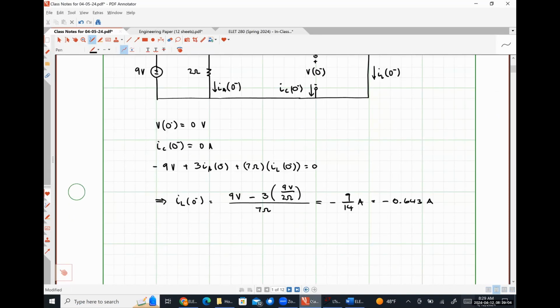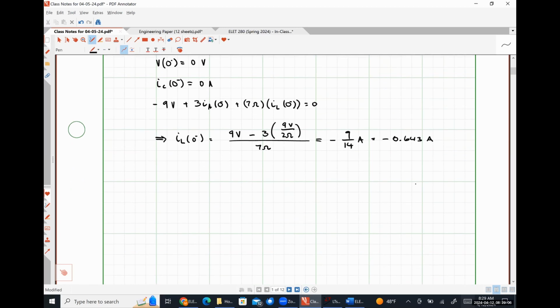So now we'll analyze the circuit at t equals 0 plus. At t equals 0 plus, we're gonna have our 9-volt source over here. Our switch is going to be open, so I'm just gonna open circuit right there.